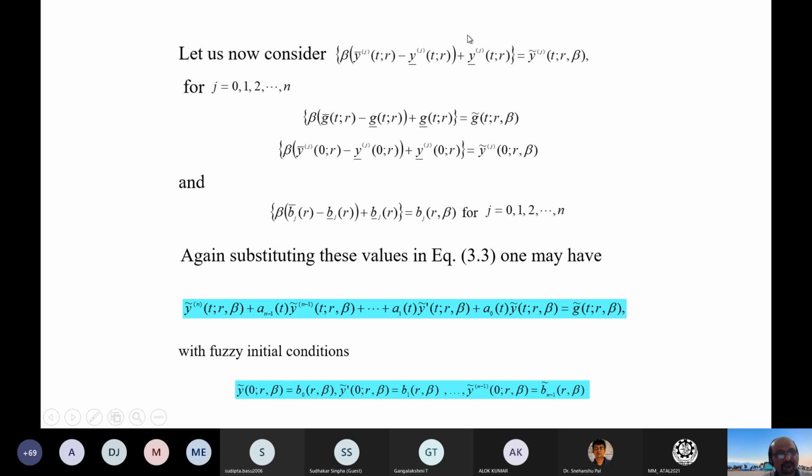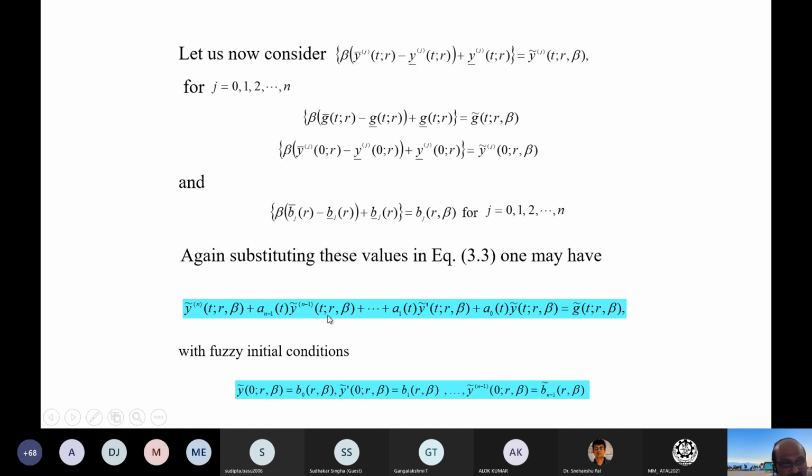Now using this variable as some supposition, using all these, because these slides I think will be shared with you later, you can see this G tilde, Y tilde, etc. After putting this in the previous equation, we'll get this equation with fuzzy initial condition. Now you see this equation, Y tilde n (t, R, beta) plus A n minus 1 (t) Y tilde n minus 1 (t, R, beta).